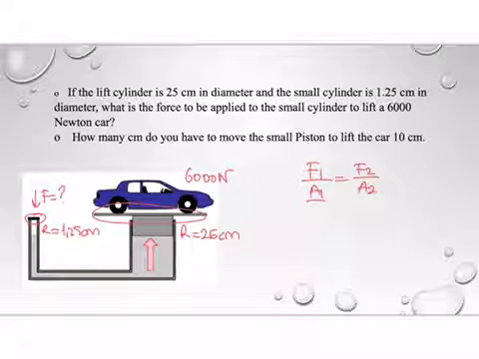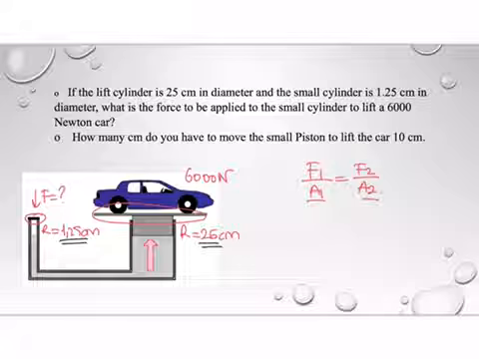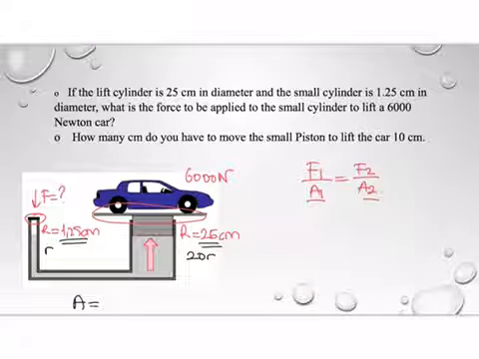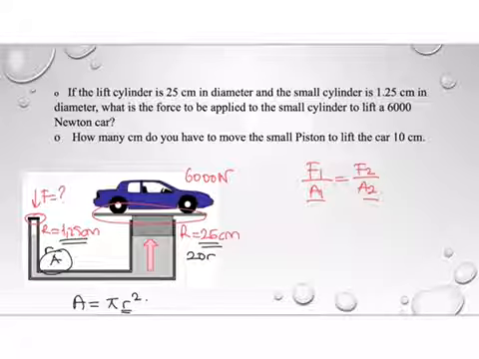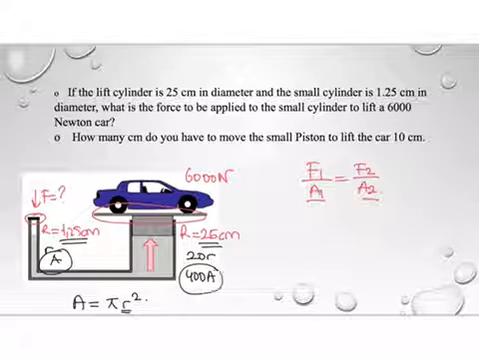Now we have to find the areas. We have the diameters 1.25 and 25. If I say this has a radius of r, then this is 20 times of r. So as area is proportional to the square of the radius, if this has an area of A, then this should have the area proportional to the square of the 20r, so 400A.